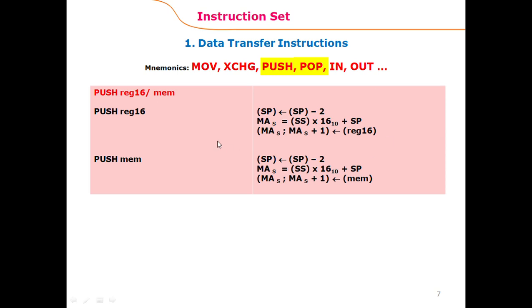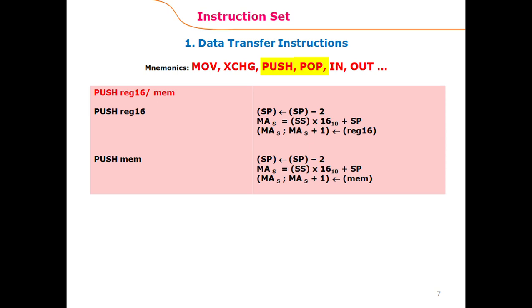Then the 16-bit content of the stack segment register is left shifted by one hexadecimal digit, equivalent to multiplying by 16, which gives the 20-bit starting address of the stack segment.